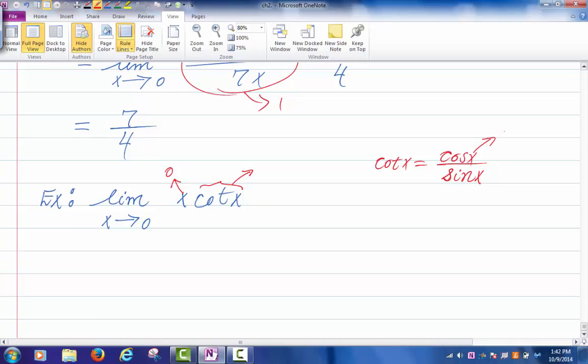This guy goes to 1, and this guy goes to what? 0, right? So what's the limit of the ratio? Is it plus or minus infinity? We don't have to be precise on whether it's plus or minus, but it's going to be plus or minus infinity. In fact, if x goes to 0 from the right, it's going to be positive infinity. If x goes to 0 from the left, it's going to be negative infinity.